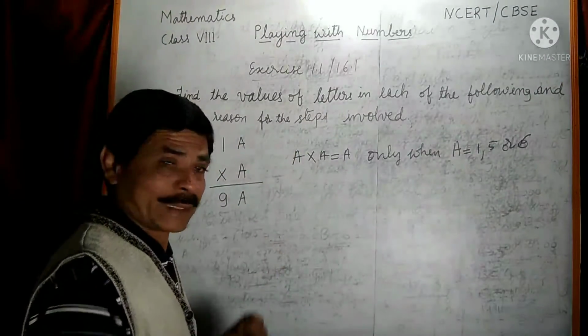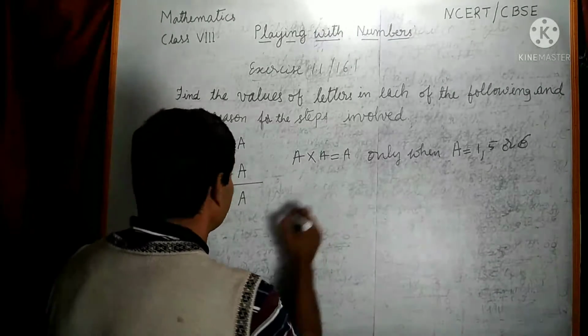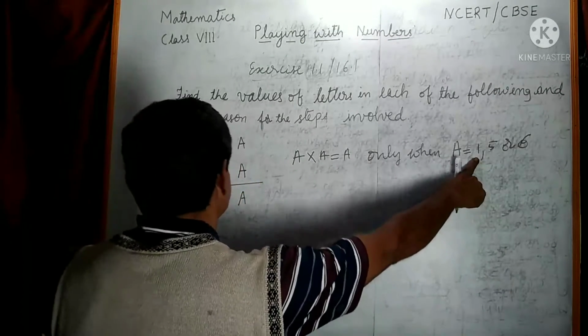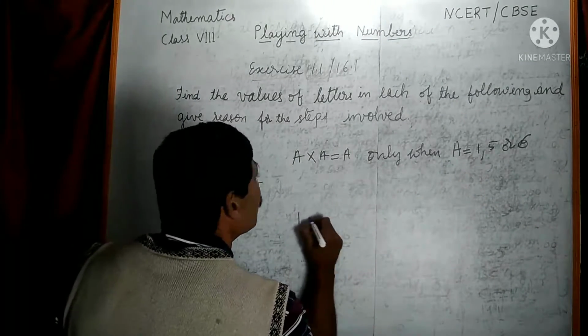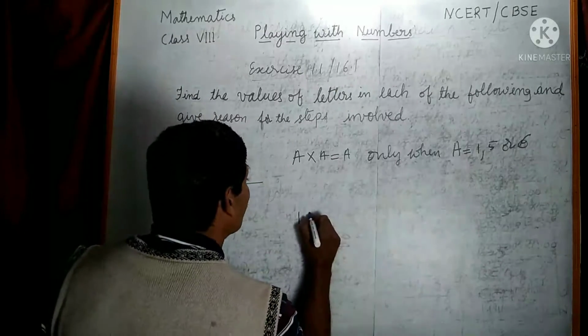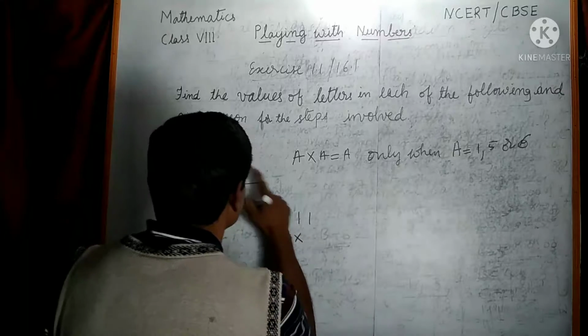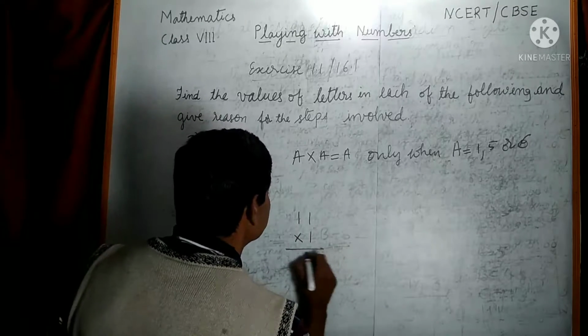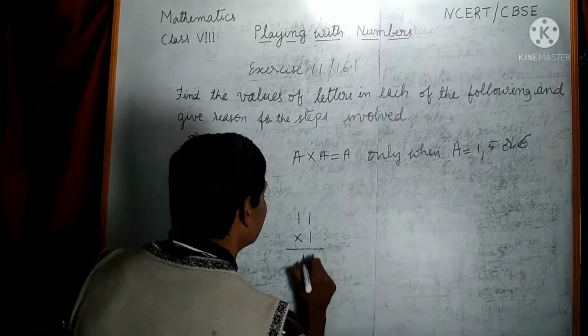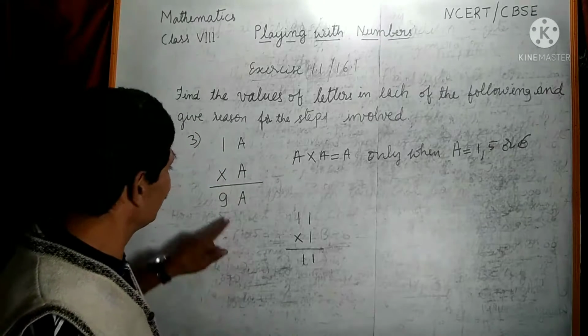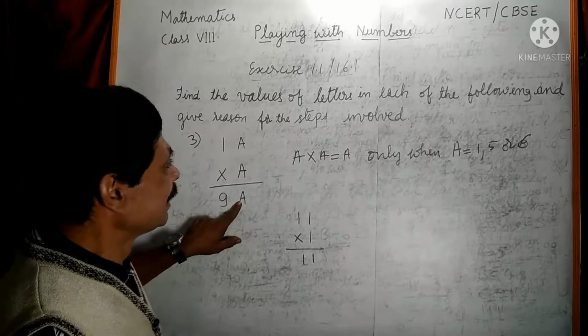Now let us check one by one. A is equal to 1. First let us check. Now A is equal to 1 into 1. This is equal to 11. So this is not possible.